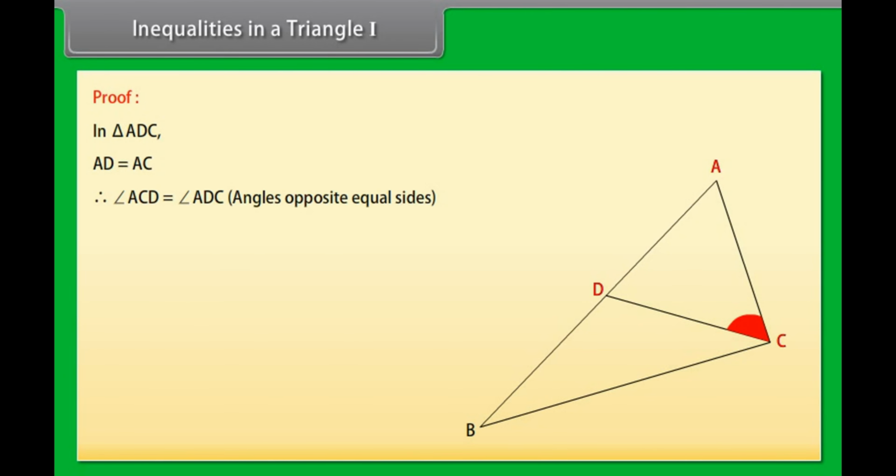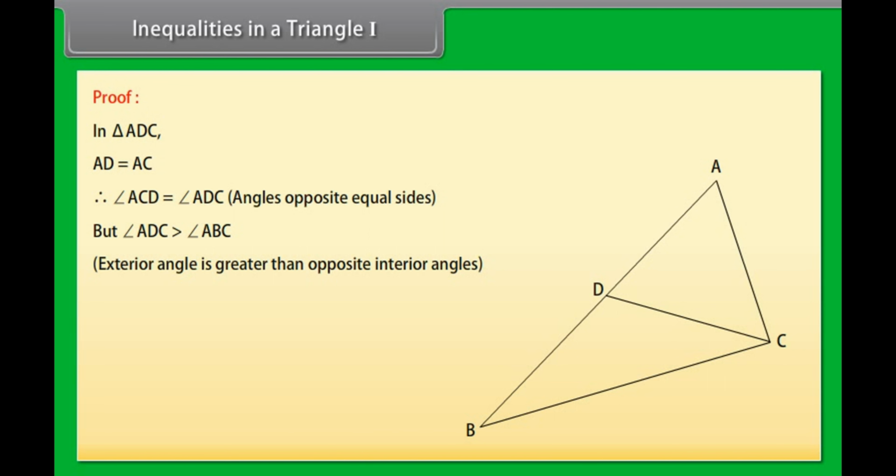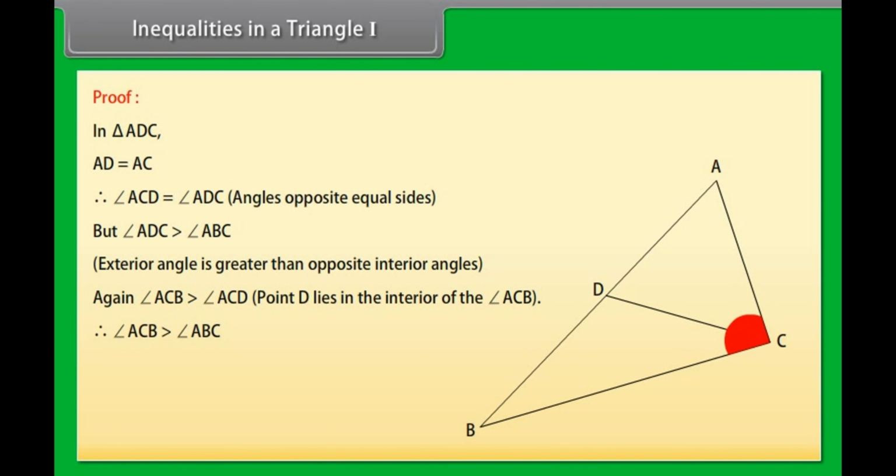Therefore, angle ACD is equal to angle ADC because angles opposite equal sides of a triangle are equal. But angle ADC is greater than angle ABC because an exterior angle is greater than the opposite interior angles. Again, angle ACB is greater than angle ACD because point D lies in the interior of angle ACB. Therefore, angle ACB is greater than angle ABC.